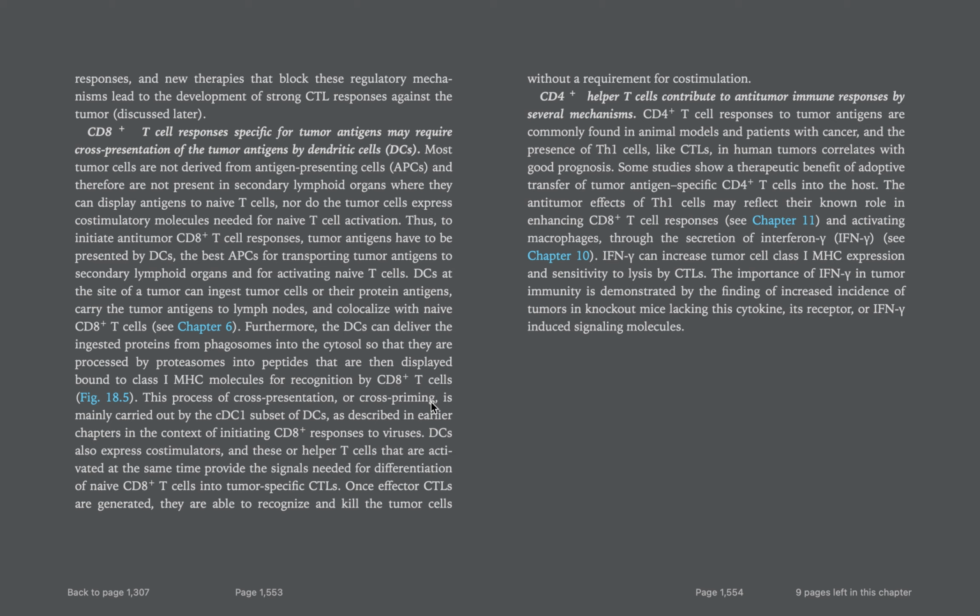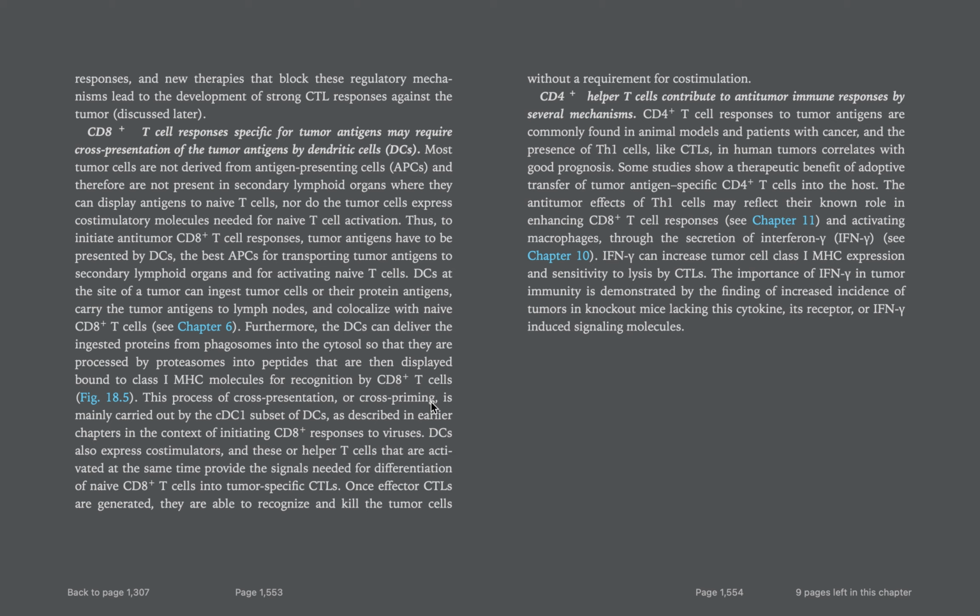Dendritic cells at the site of the tumor can ingest tumor cells or their protein antigens, carry the tumor antigens to lymph nodes and colocalize with naive T cells.